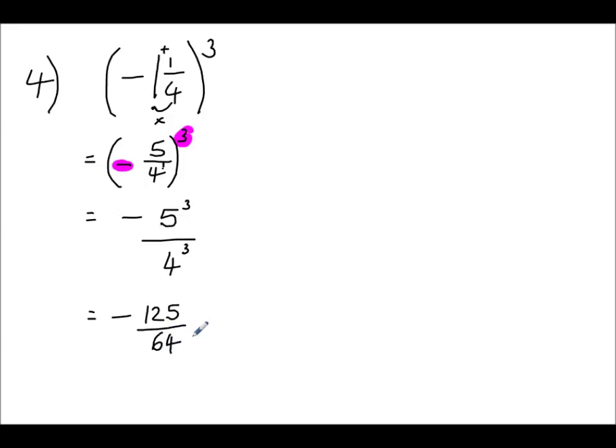This is an improper fraction, so we're going to change it to a mixed number. It will still be a negative number. 64 goes into 125 once. Remainder 61, so it will be 61 over 64. Make sure this is in its simplest form, which it is.